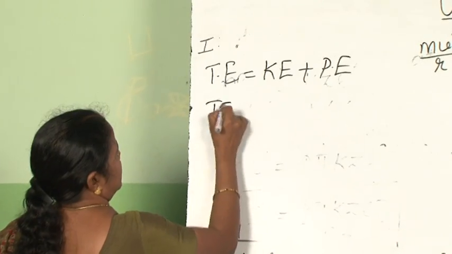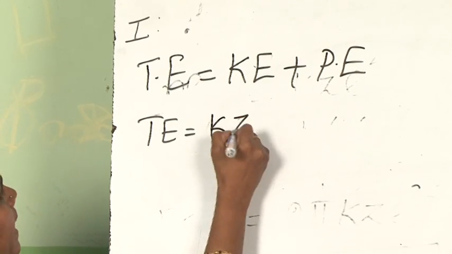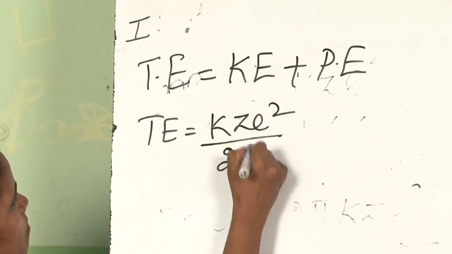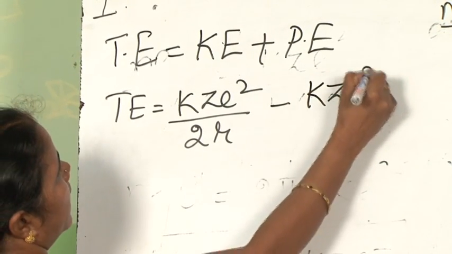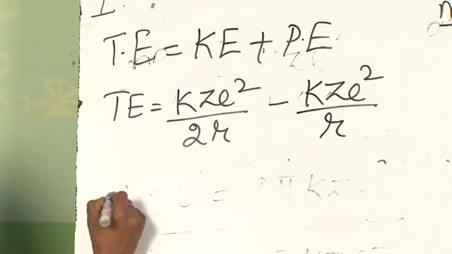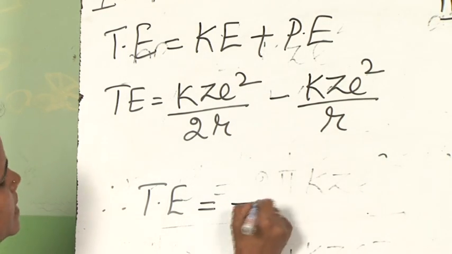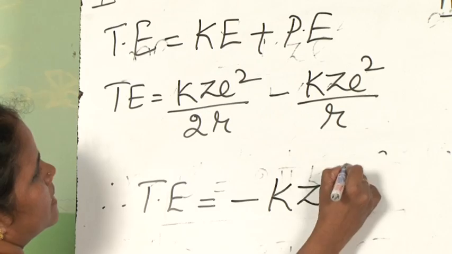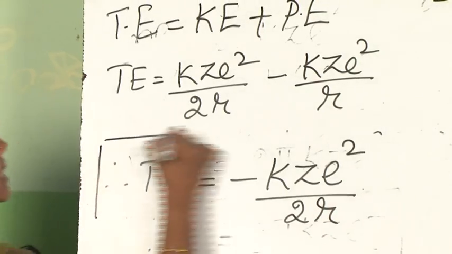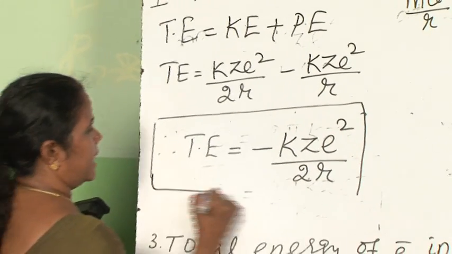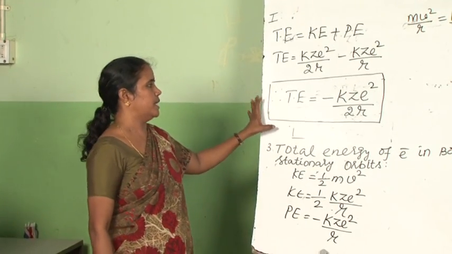So, total energy is, kinetic energy is k z e square by 2r plus potential energy is minus k z e square by r. Therefore, total energy of an electron in the stationary orbit is minus k z e square by 2r. This is the expression for total energy of electron in the Bohr's stationary orbit.